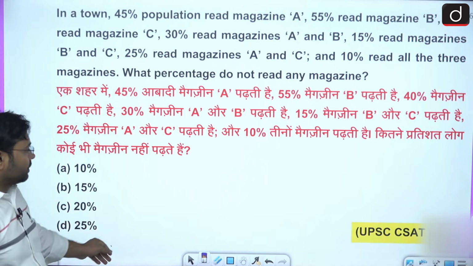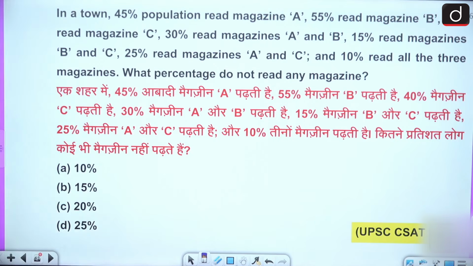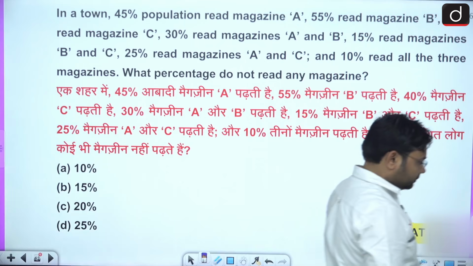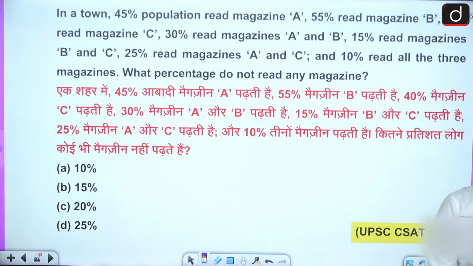Read this one. This is from 2015. In a town, 45% population read magazine A, 55% read magazine B, 40% read magazine C, 30% read magazine A and B, 15% read magazine B and C, 25% read magazine A and C, 10% read all 3 magazines.